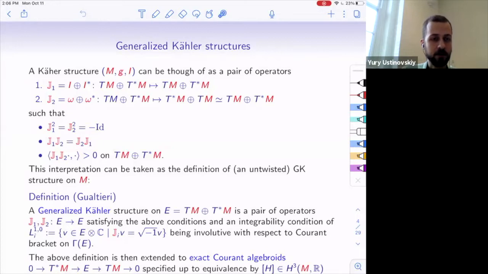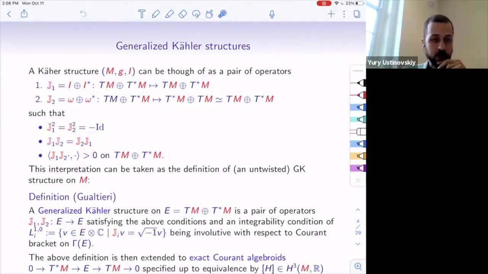And these endomorphisms satisfy several obvious conditions. They both formally are almost complex structures. They commute with each other. And if you denote by angle brackets the natural pairing between vectors and covectors, then this symmetric form happens to be positive definite.